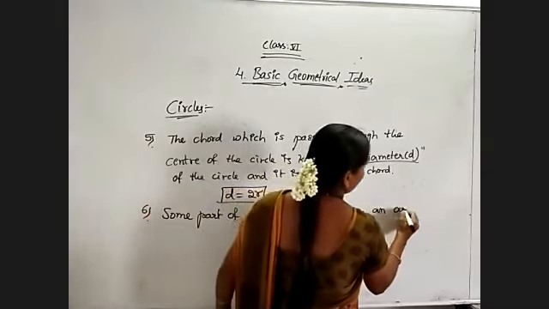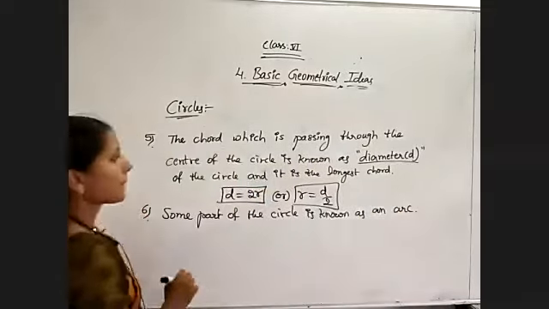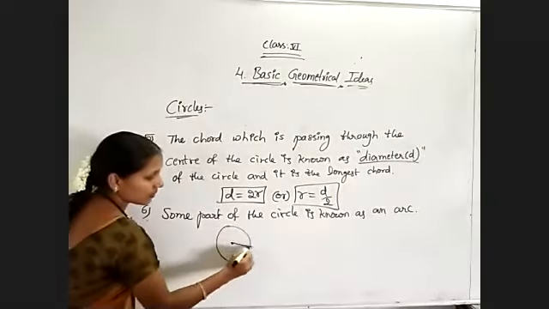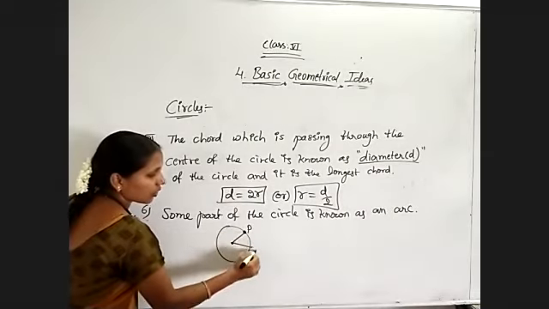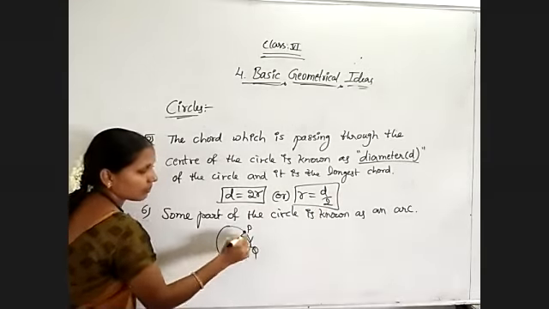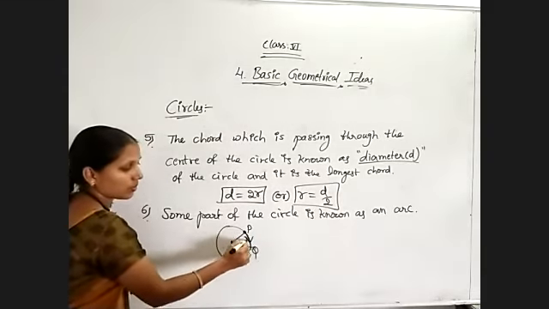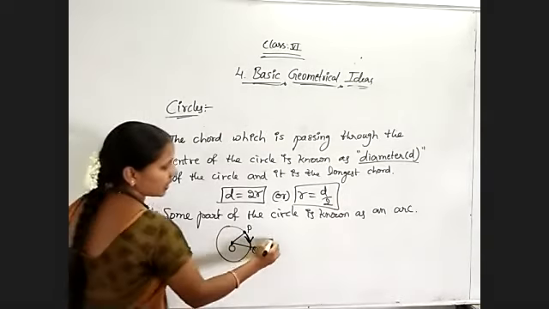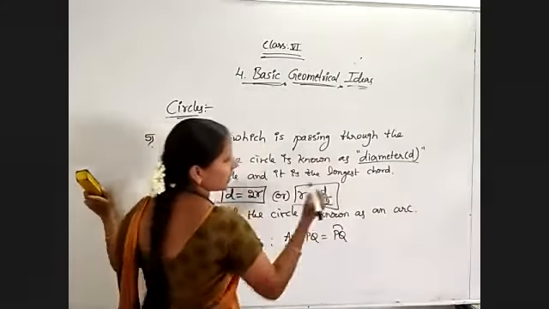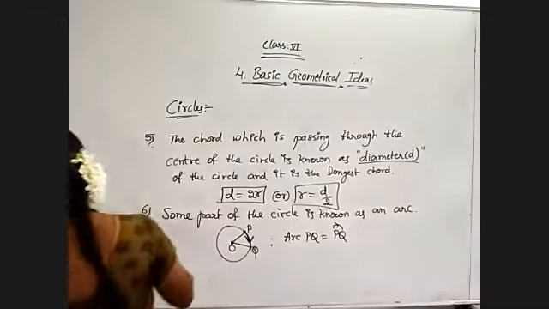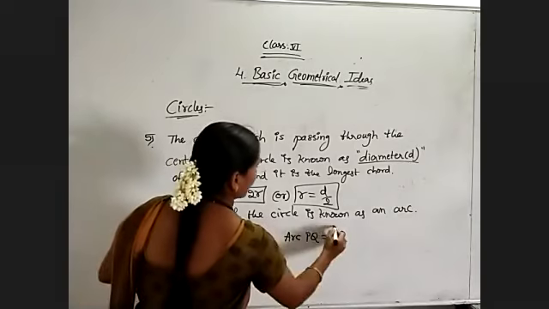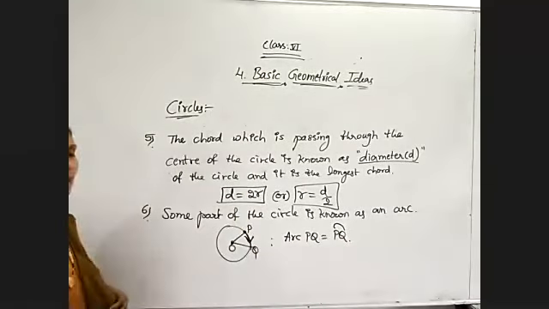It is indicated like this. Suppose, observe, PQ is my arc. So in this figure, the arc is PQ. Arc PQ, some part of the circle.